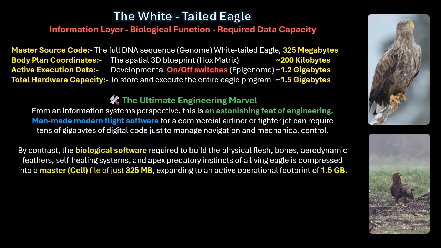The ultimate engineering marvel. From an information systems perspective, this is an astonishing feat of engineering. Man-made modern flight software for a commercial airliner or a fighter jet can require tens of gigabytes of digital code just to manage the navigation and mechanical control.